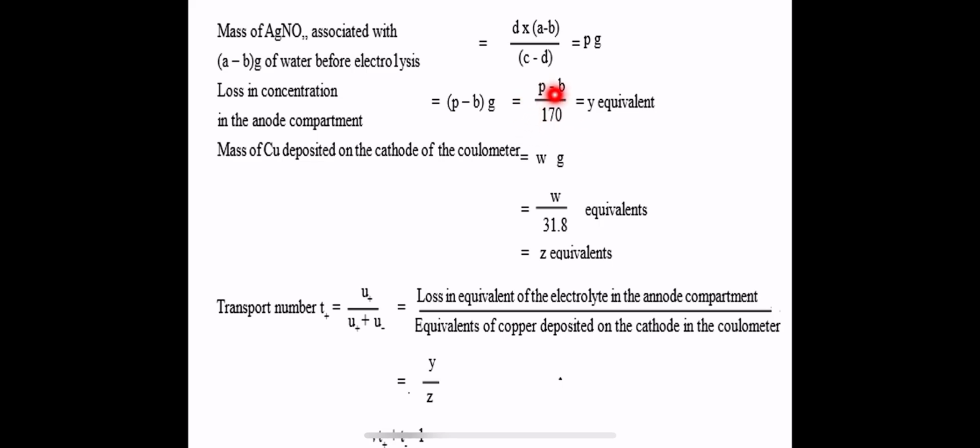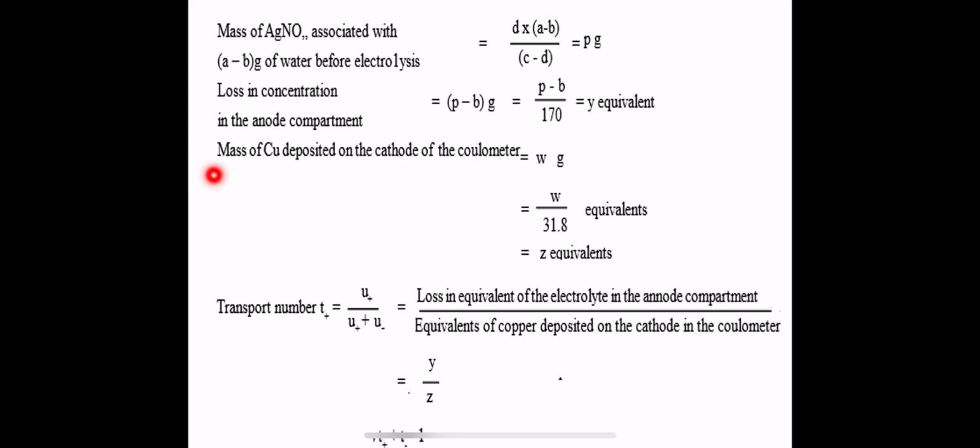That gives the grams in equivalence. Let me call it Y gram equivalents. So Y gram equivalents of AgNO3 has been associated with A minus B grams of water before electrolysis.